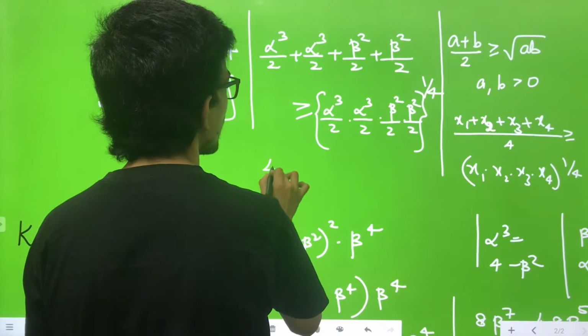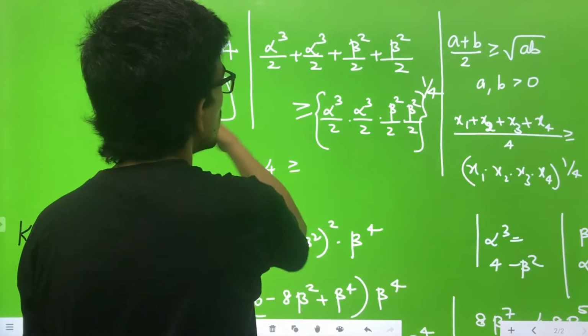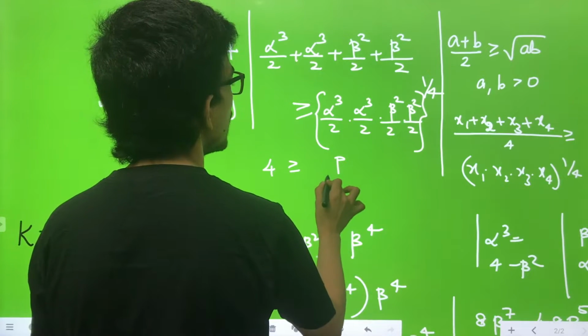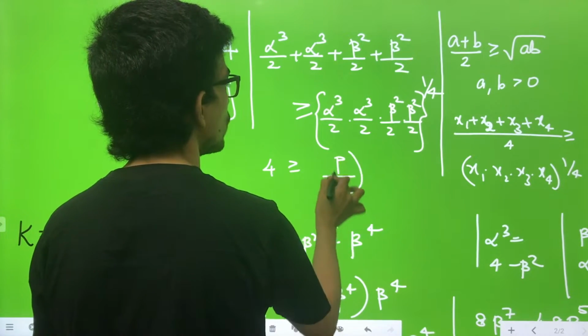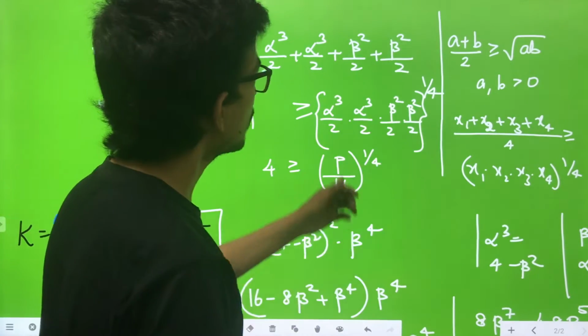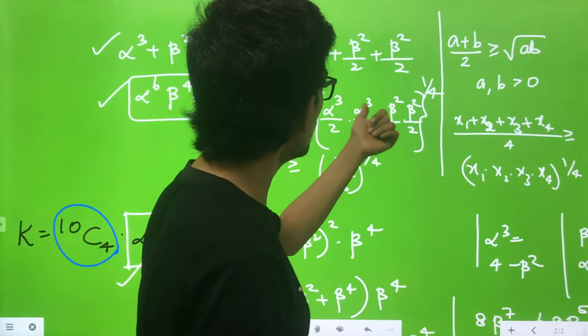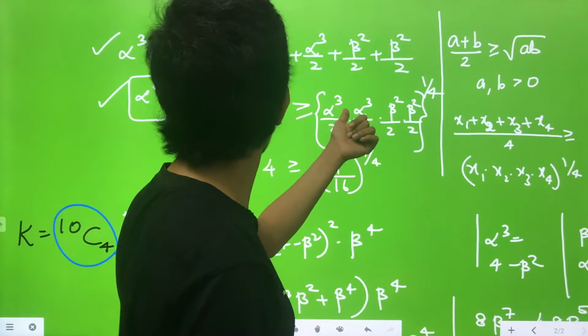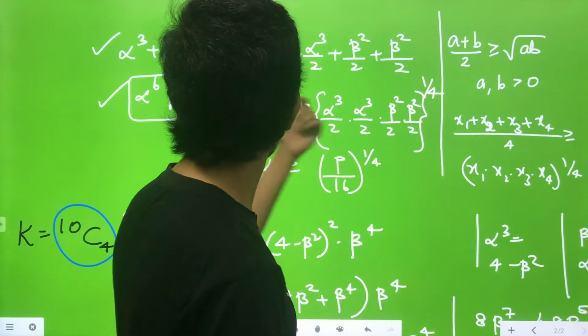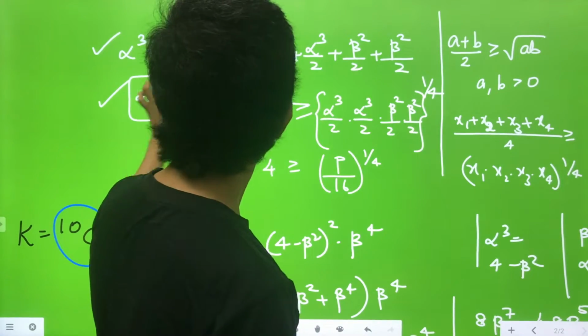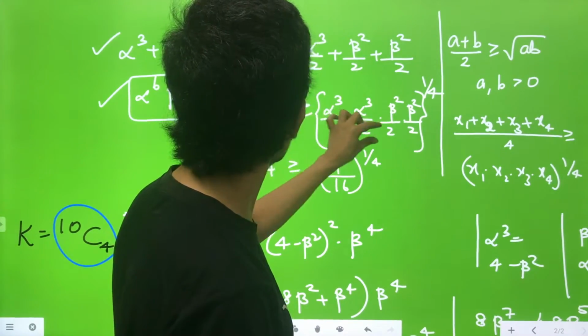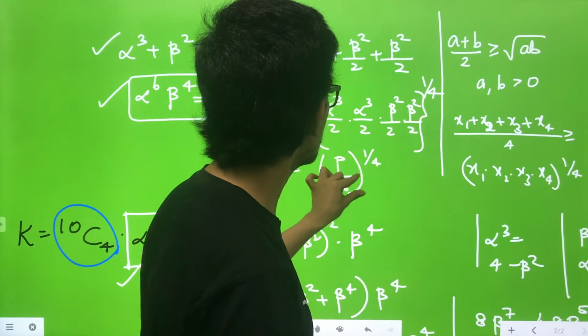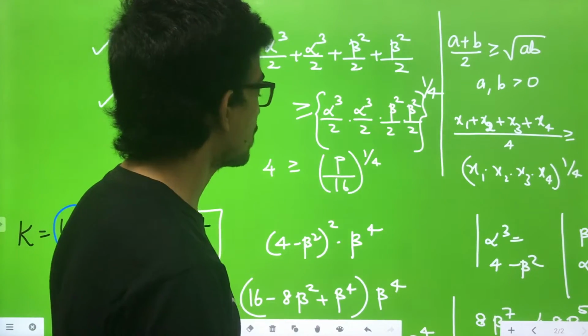So we have 4 greater than or equal to P by 16 raised to 1 by 4. Alpha cube into alpha cube is alpha power 6, beta power 4, that is nothing but P divided by 2 power 4, that is 16.